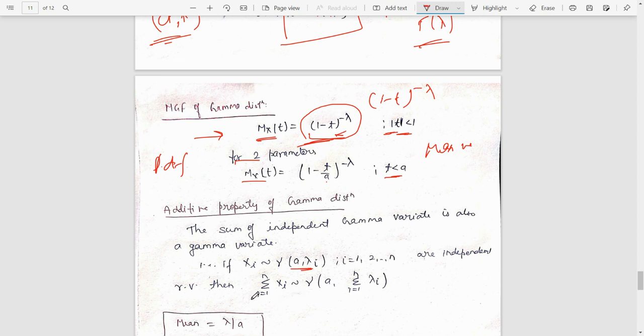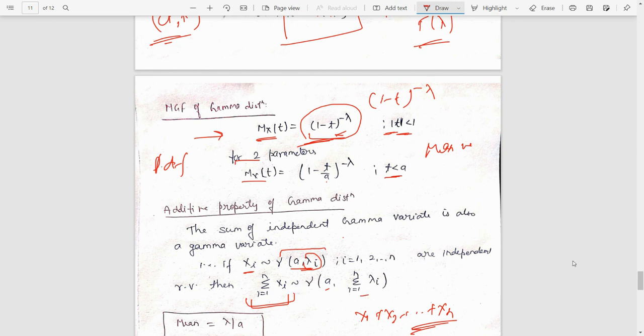If you want to find the distribution of the summation of X_i, that is X1 plus X2 plus dot dot plus Xn, that will also be a gamma distribution, with the parameters a comma the sum of all lambda_i, so sigma lambda_i.